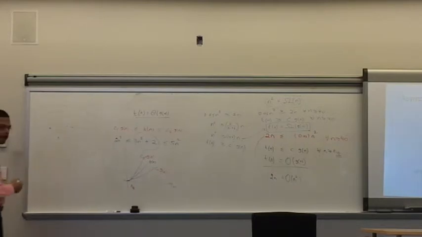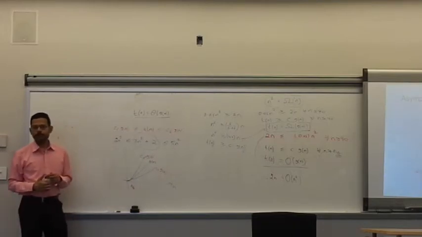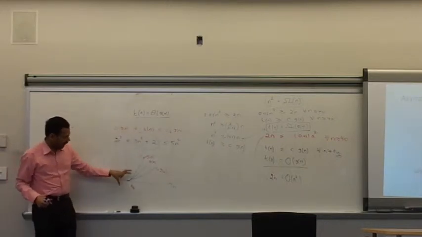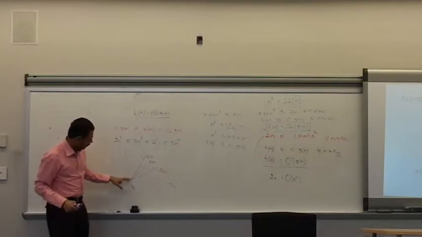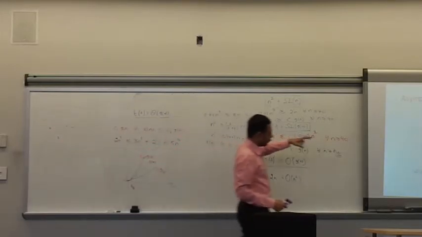Okay? Is that clear? Any question? Can you slow down just a little bit? Okay. If a function grows at the same rate, you see here t of n, it grows along with it.